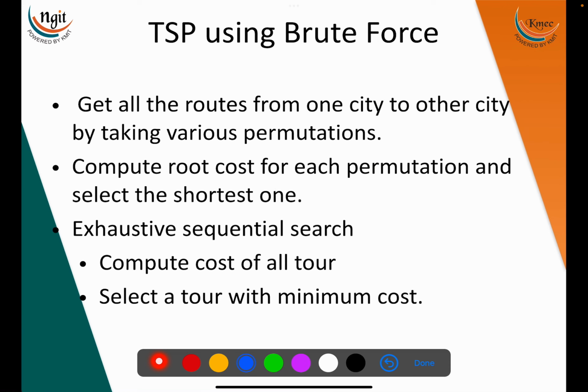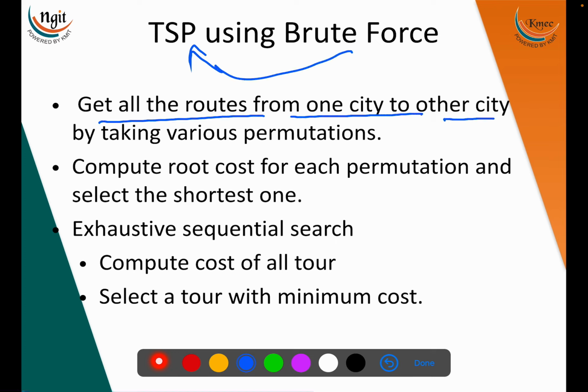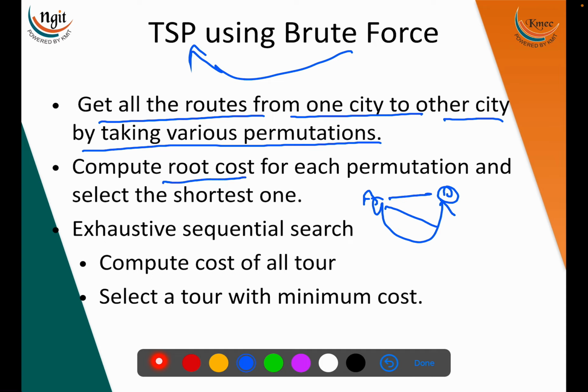Now how do we apply brute force to the traveling salesperson problem? We get all the routes from one city to the other cities by taking various permutations. Once we find all the possibilities from one city to all other cities, and from all the other cities back to the one city, after taking all permutations we compute the route cost for each permutation and select the minimum one, that is the shortest one.